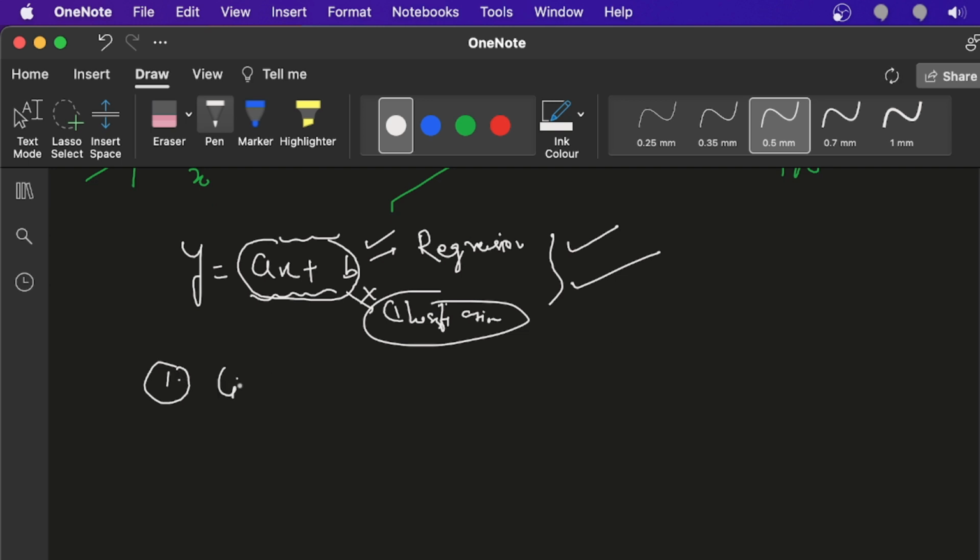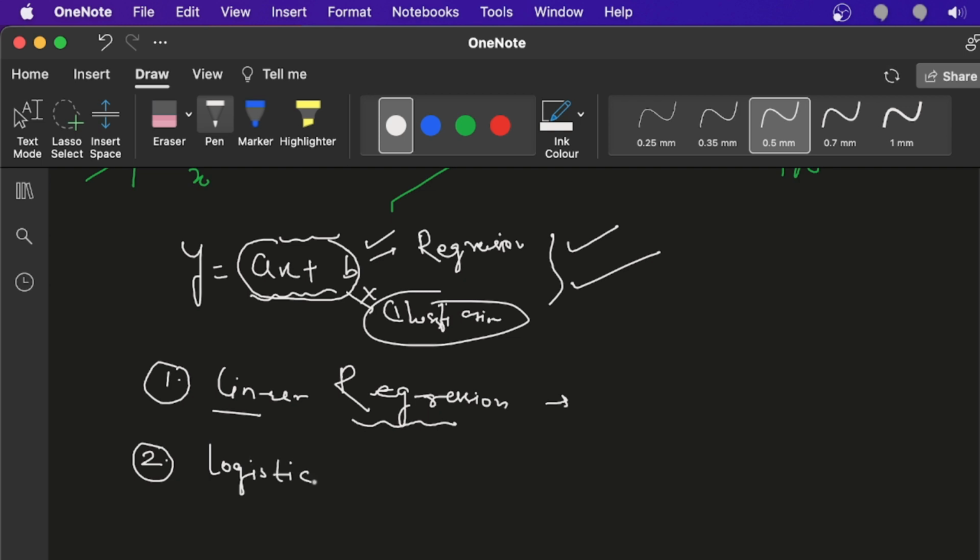The first model is called linear regression, which is good for regressive data. And second, I am going to discuss one more model, which is called logistic regression.